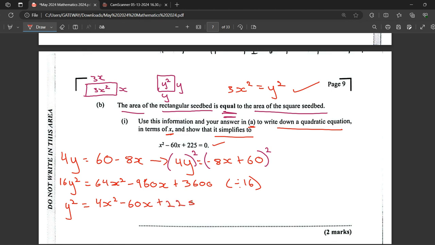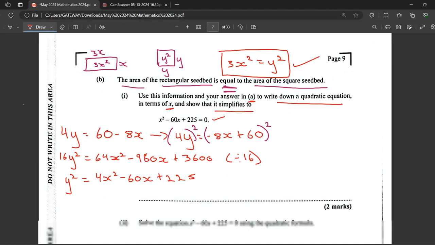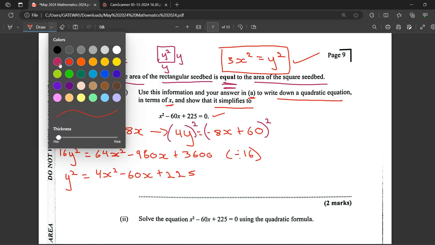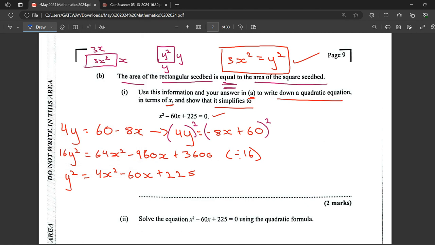But wait a minute, don't I know what y squared is? Yeah, y squared is 3x squared, the one I used earlier. So I'm going to replace the y squared with 3x squared. So I have 3x squared is equal to 4x squared minus 60x plus 225.